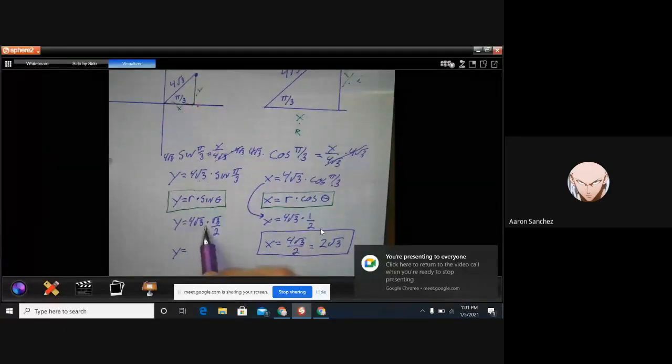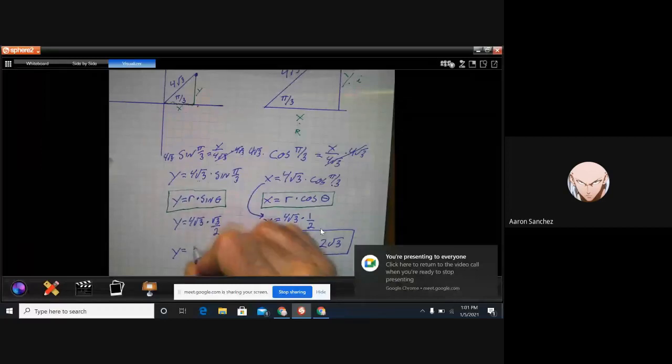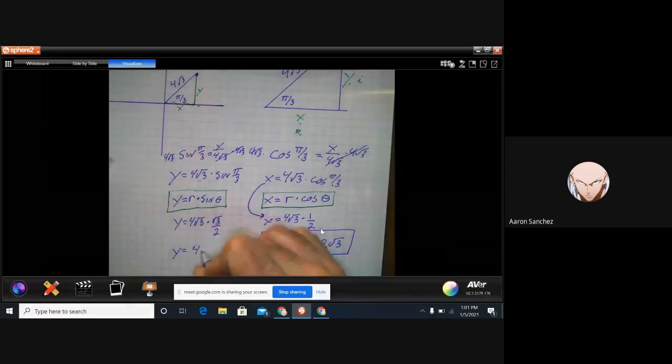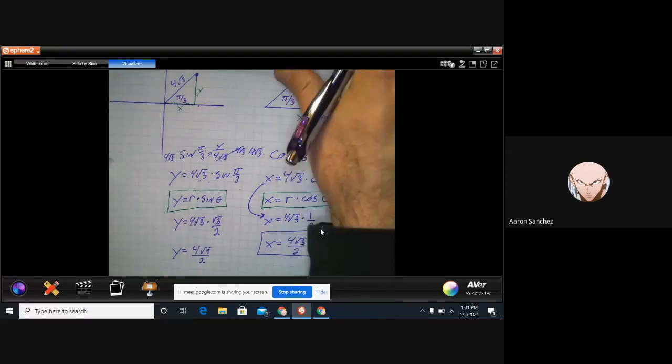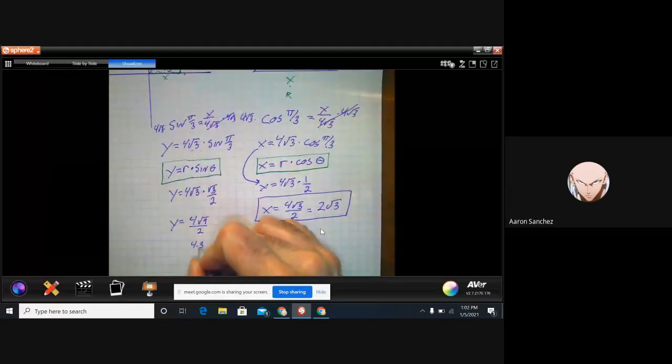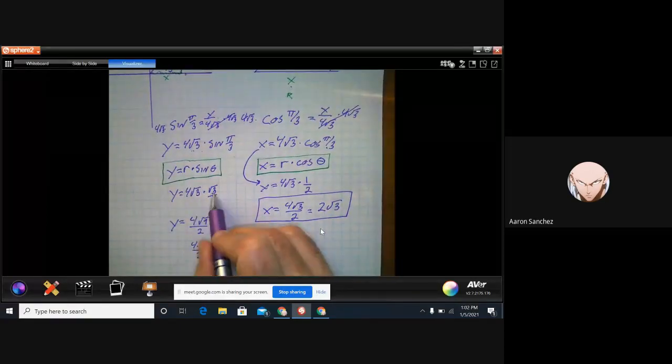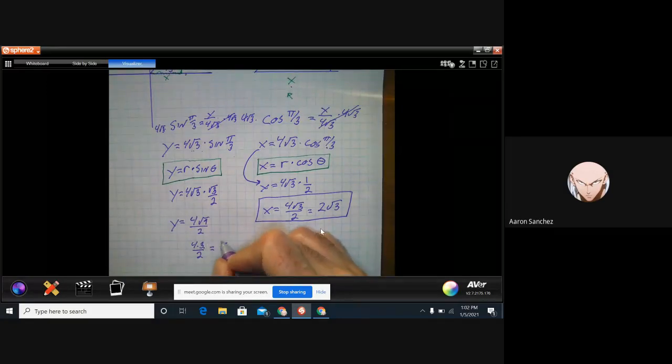4 root 3 times root 3 over 2. Root 3 times root 3 is root 9, and root 9 is just 3. So it's 4 times 3 over 2. 4 times 3 is 12, divided by 2 is 6.